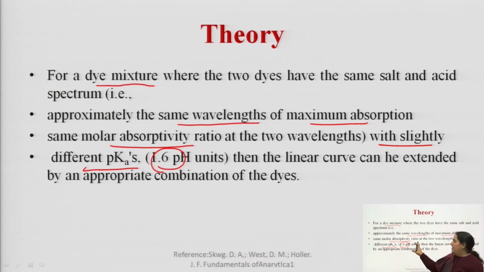If we have a mixture of dyes with the same wavelengths of maximum absorbance and the same molar absorptivity, we can use them, and the only thing that is relaxed is that they can have different pKs, with a difference of up to 1.6 pH units. So we will get a linear curve like we have seen in the diagram previously.